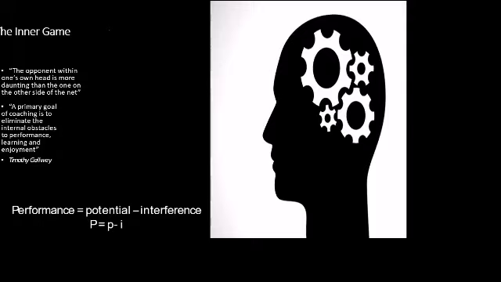In other words, if your potential, your experience and knowledge and understanding, is at a certain level, how would you get to the next level? How would one get to the next level if your potential is holding you back based on your knowledge and experience on something?